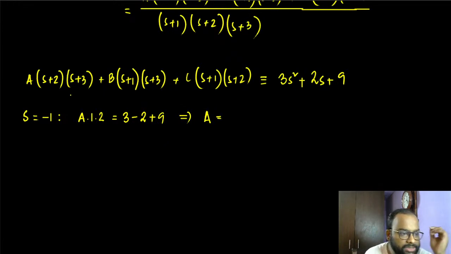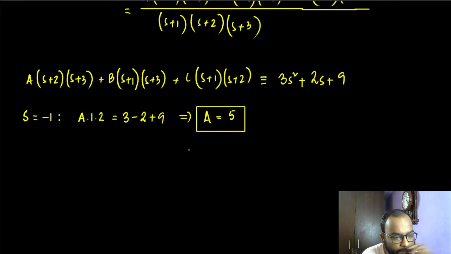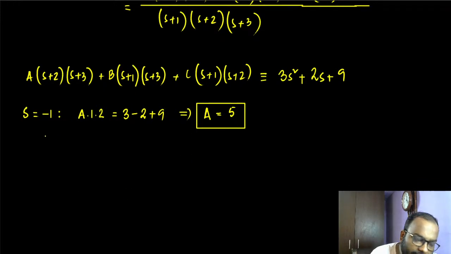So let me just make sure that I am writing everything correctly. 3 minus 2. Yeah. Please follow along the calculation properly, and if I make any mistake, make sure to tell me. So that's going to be 10 by 2. That's going to be 5. So we just figured out the value of a. A is 5. And that's exactly how people have been doing this.